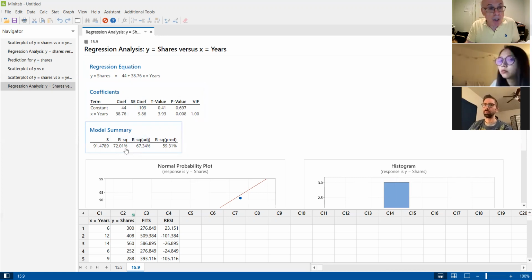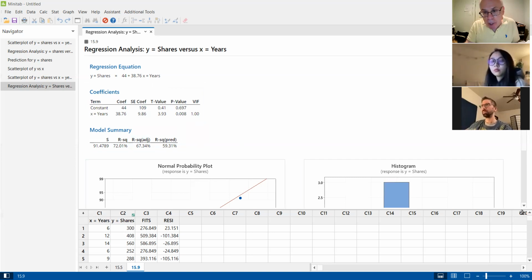And what is the Y? Of course, the Y is the number of shares. So 72% of the variation in the shares is explained by years of service. That would be the way to say it. All right, so that's what we see here.